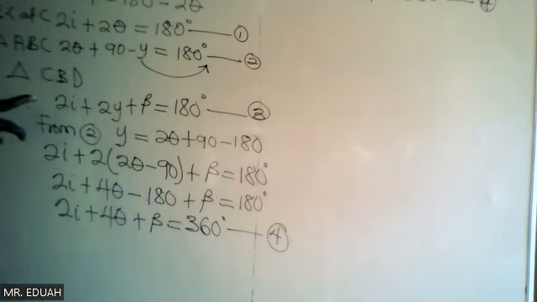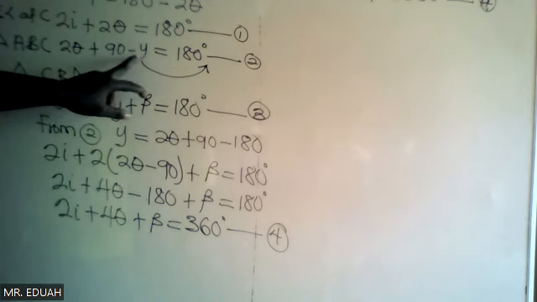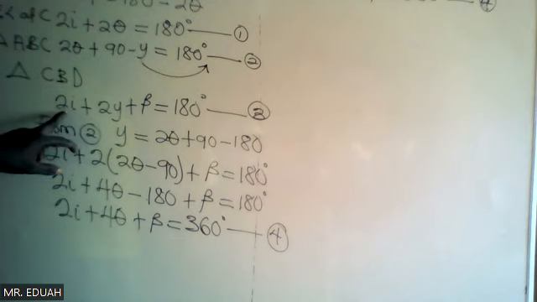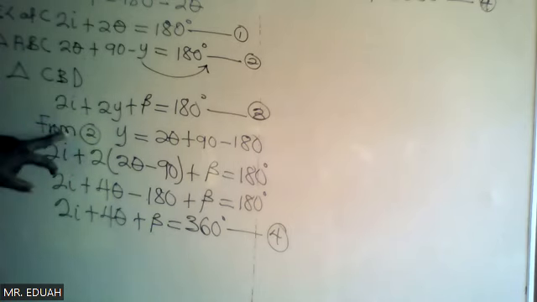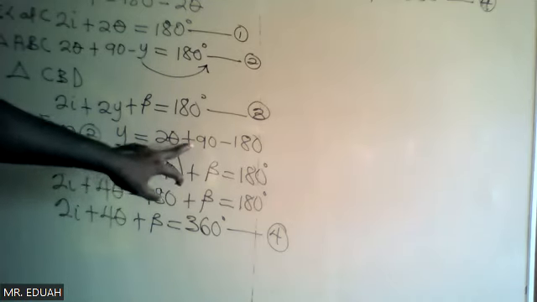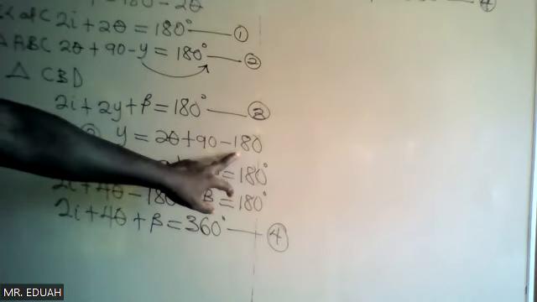I'm making y the subject from equation 2. So from equation 2, y will be equal to 2 theta plus 90 minus 180.